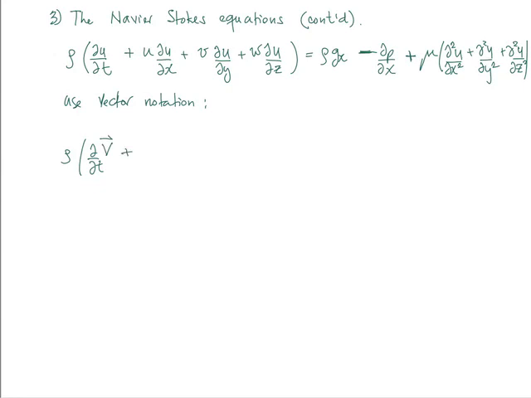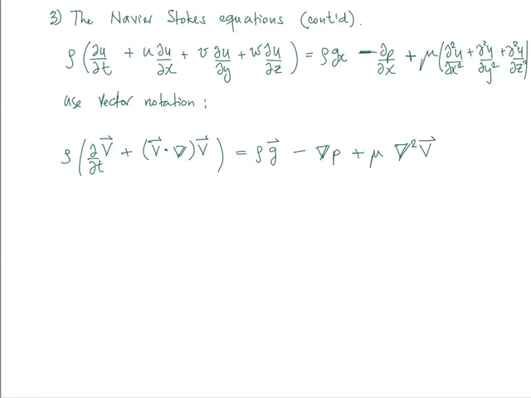Then we have the convective acceleration term, which involves v dot nabla times v. On the right-hand side, we have rho times g as a vector, the acceleration of gravity as a vector now, and minus dp dx, dp dy, and dp dz, so it's the gradient of the pressure. And plus mu times the second order derivatives of each component of velocity, which is the Laplacian, the second order differential operator applied to the velocity.